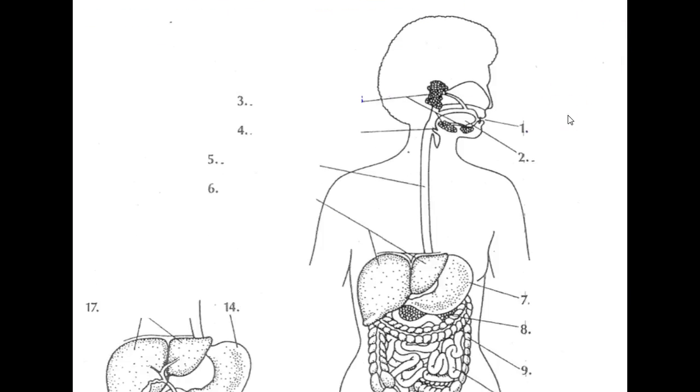Okay, here we have a diagram of the human digestive system. Let's go through and label each of these structures, and we'll go in numerical order in the diagram here. Number one is, of course, the mouth. We'll get to all the functions of these here in a moment. Number two is the tongue, which aids in mechanical digestion.